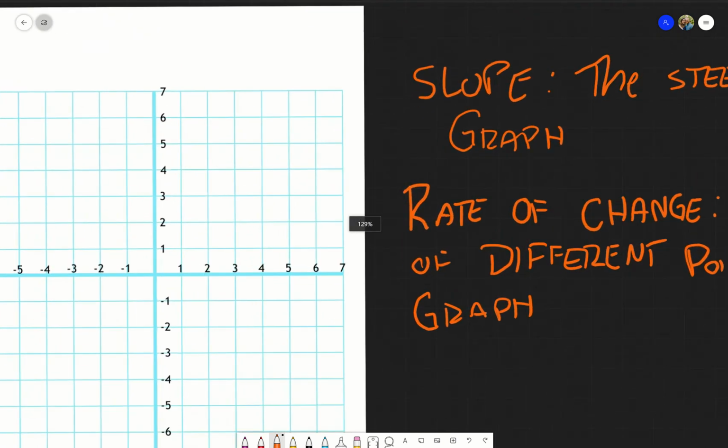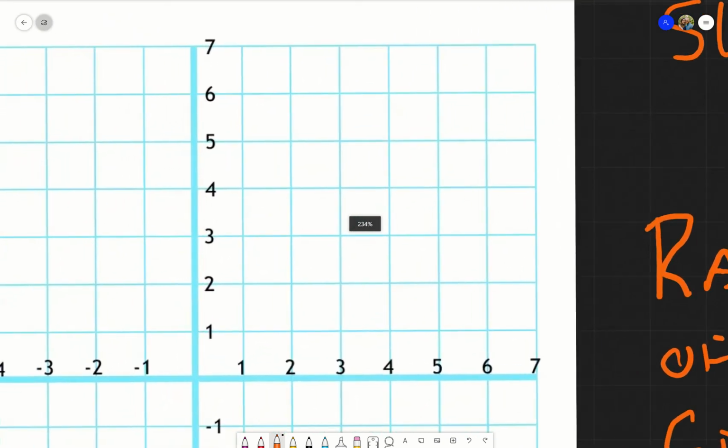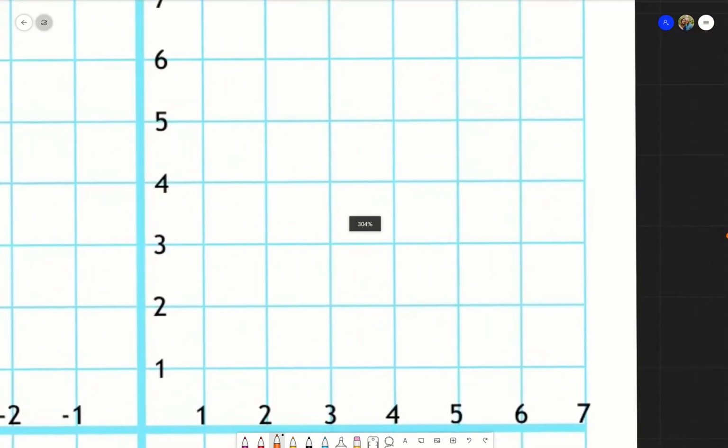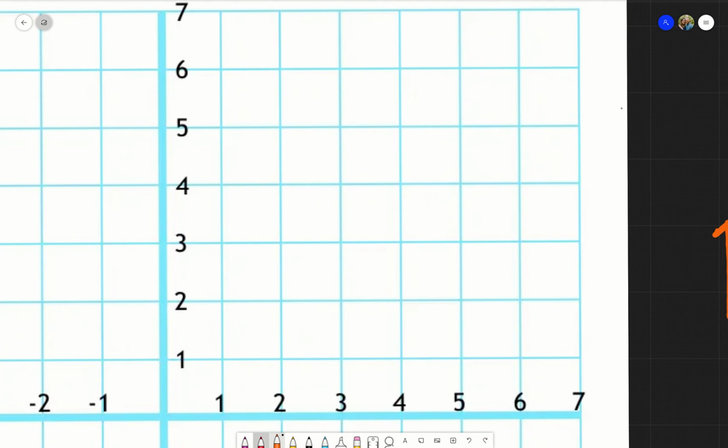But I'm going to zoom in here to my graph, make it nice and big so we can see what we are working with. And I'm going to put a couple different points on here. I'm going to put a point right here, point right here, point right here, point right here, and point right here. Okay?